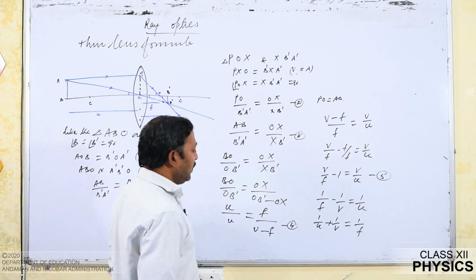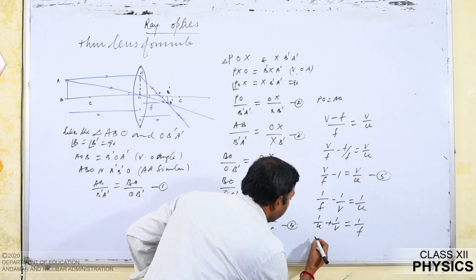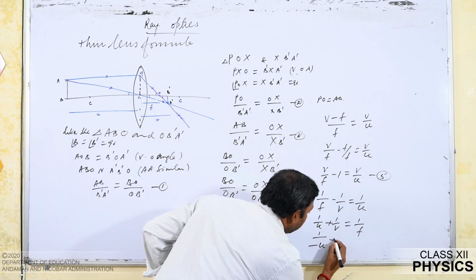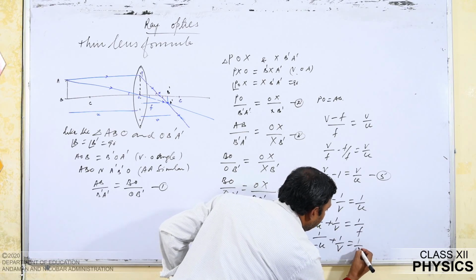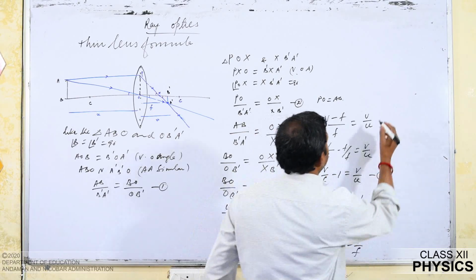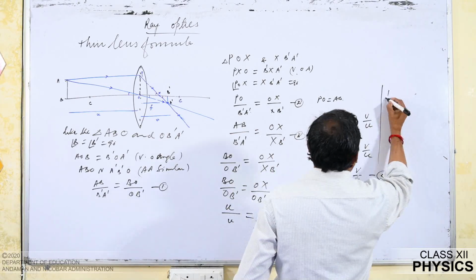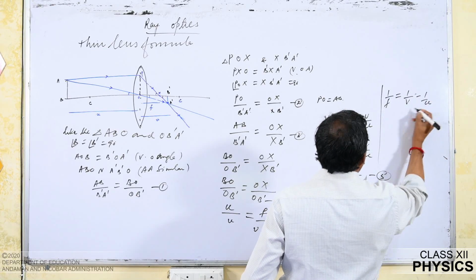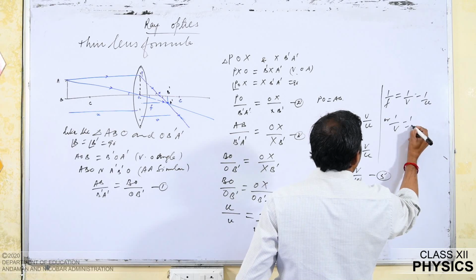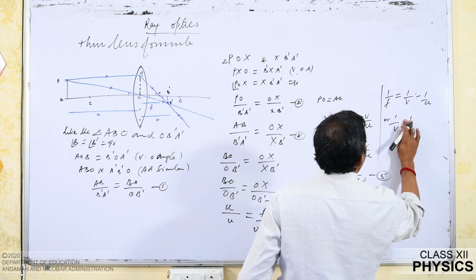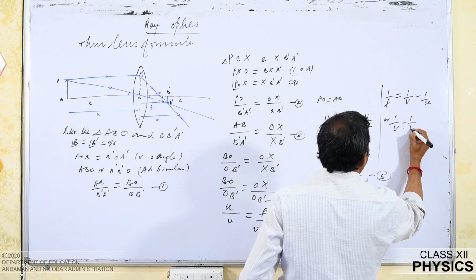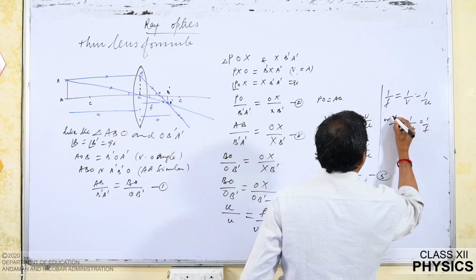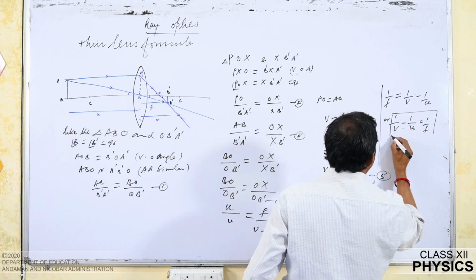So replacing U with minus U gives 1 by minus U plus 1 by V is equal to 1 by F, or we can say 1 by V minus 1 by U is equal to 1 by F. This equation is called the thin lens formula.